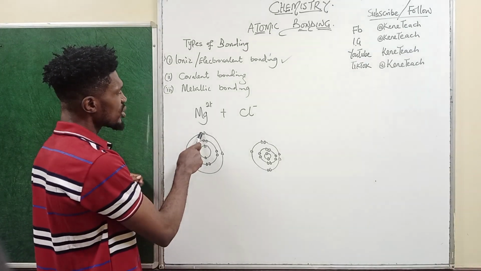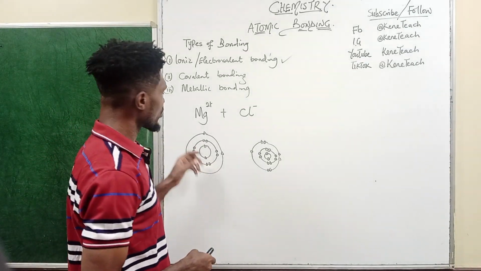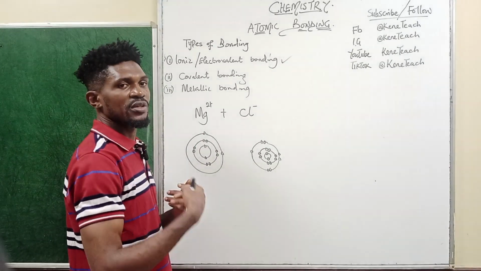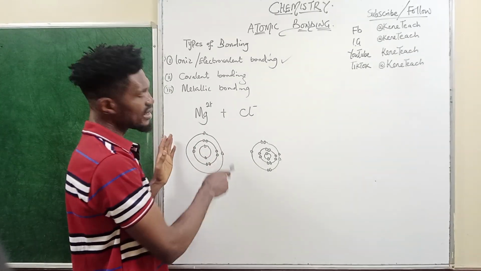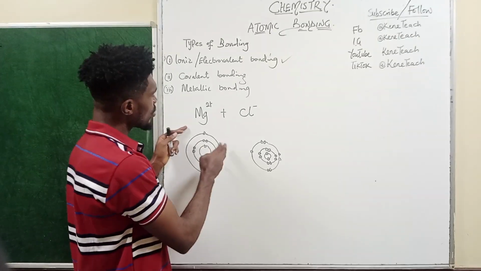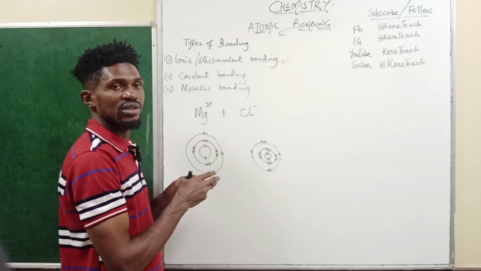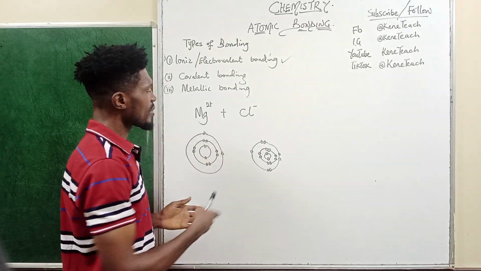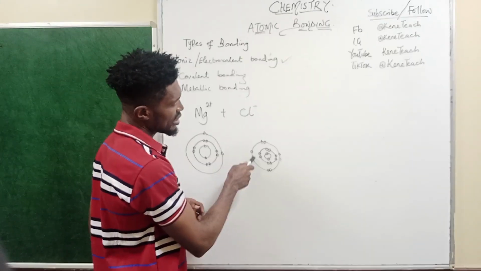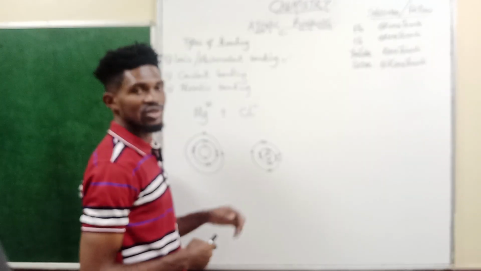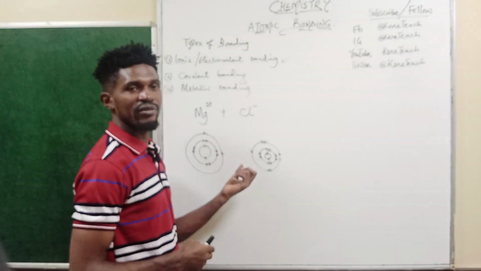Now, as mentioned earlier, the one with two electrons prefers to lose the 2 electrons rather than gaining 6 electrons. Reason being again that the energy required to gain those 6 electrons is far greater, but the energy required to lose these electrons is lesser. So it will prefer to lose these 2 electrons. In this case, chlorine is remaining only 1 for it to be complete, for it to complete 8 electrons, that is the octet configuration.